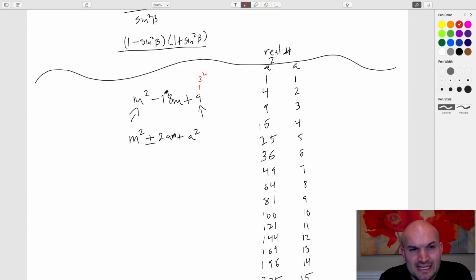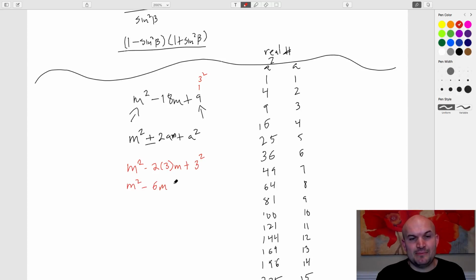And if this is a perfect square trinomial, which I believe your question is, you can see this is not a perfect square trinomial, because a perfect square trinomial would be m squared minus 2 times 3m plus 3 squared, which is m squared minus 6m plus 9.